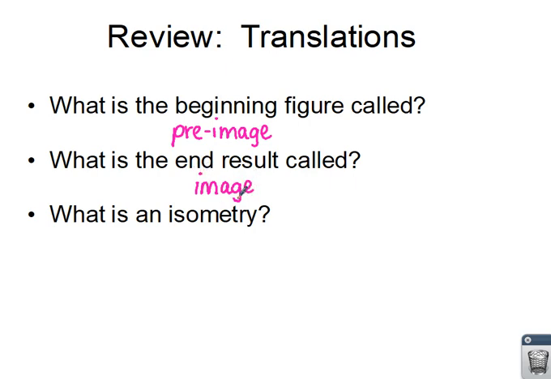This is the one that we write the coordinates for. And then what is an isometry? This is where the pre-image is congruent to the image. Remember that symbol means congruent. So an isometry is where the pre-image is congruent to the image.